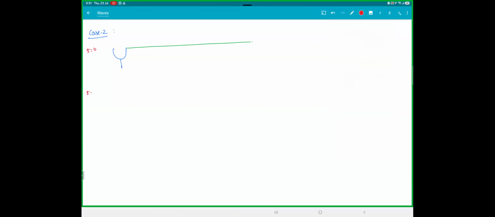So when time t is equal to T by 4, this guy will go front. So the moment it goes ahead, you actually get a half loop directly here. So the moment it pushes forward, the string becomes slack. We get a half loop.